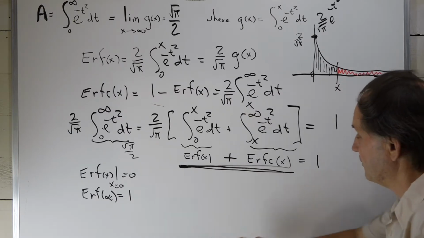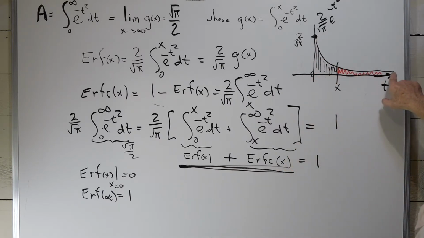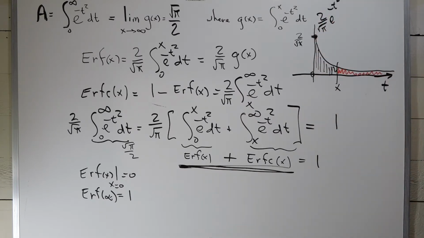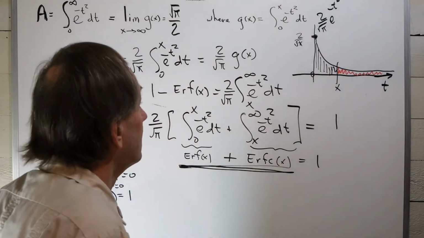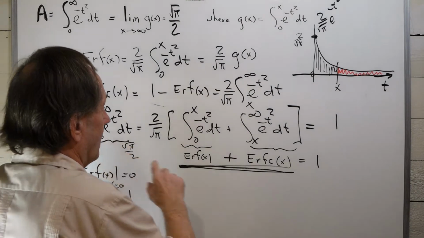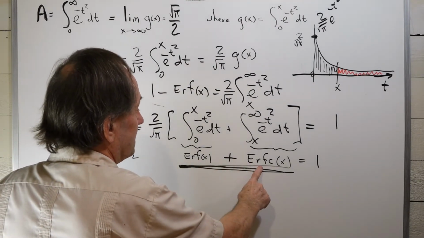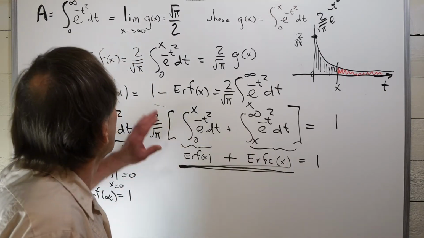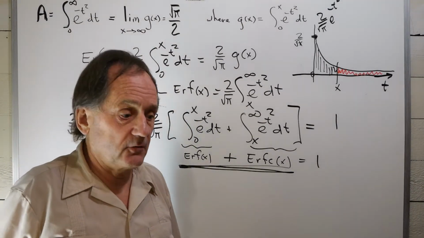So the sum of the two is the total area under this curve, which is 1 because we have the scale factor of 2 over the square root of pi multiplying the integral. So all we need to know at this point is that the error function plus the complementary error function is equal to 1. And now we'll look at solving this integral using Laplace transforms.